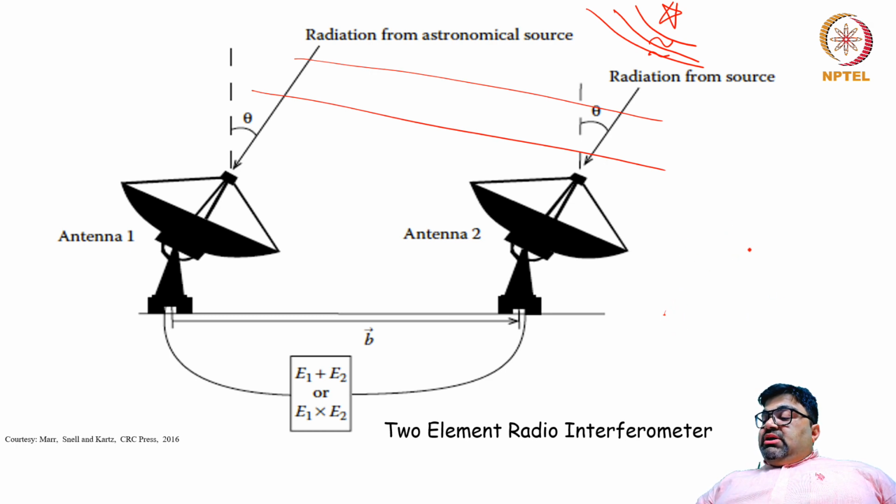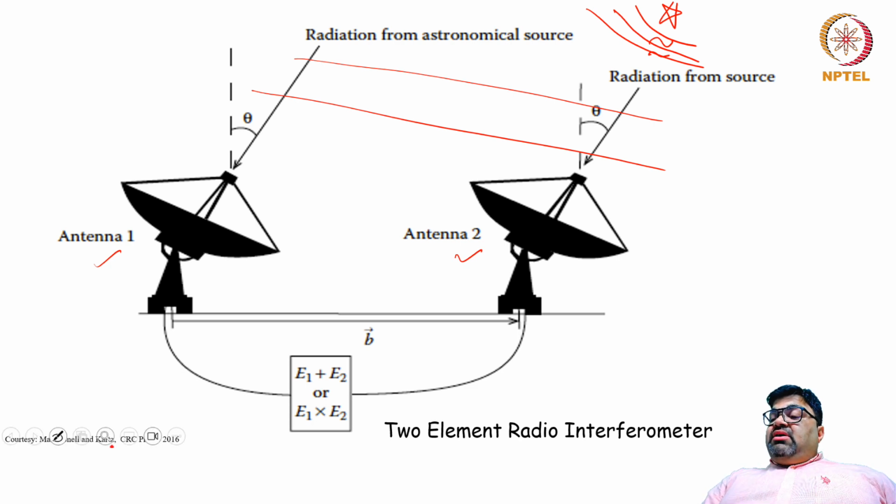So we will use that same property, and assume that what were spherical waves in the near field of the star or the radio source become parallel waves at the far field. So even though these two antennas are looking at the same source, they are effectively getting parallel waves near the telescopes.